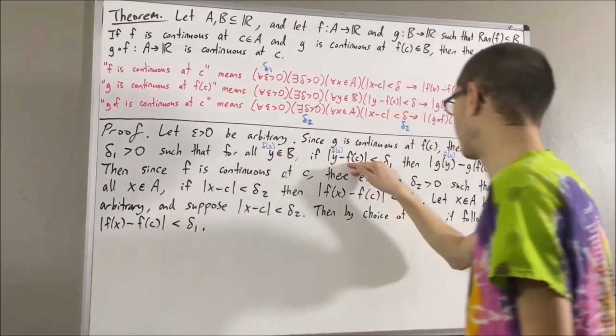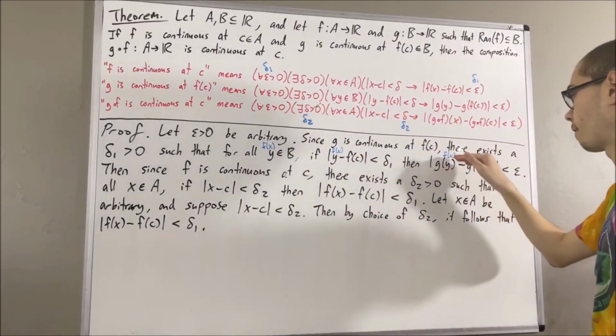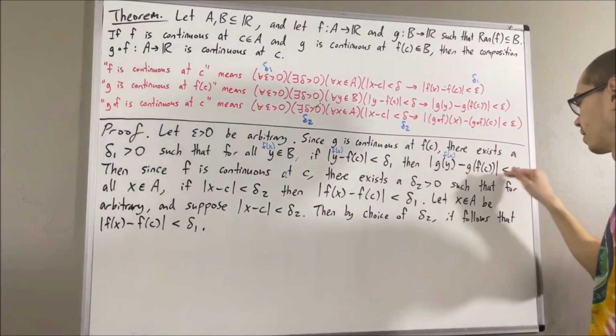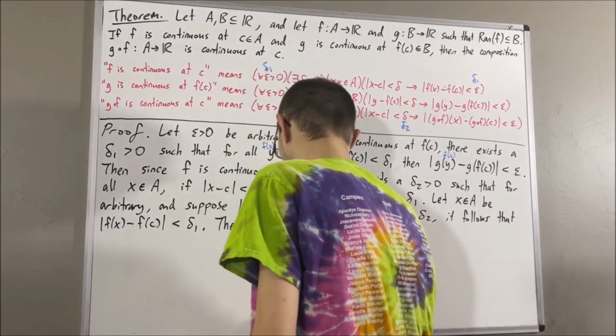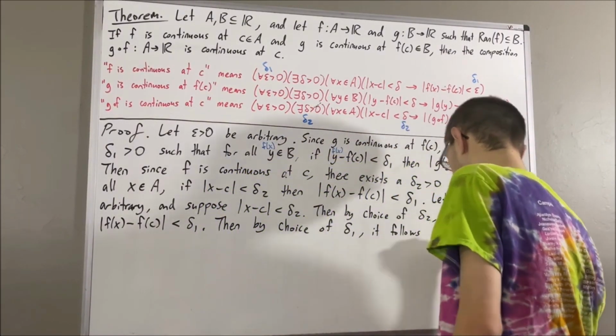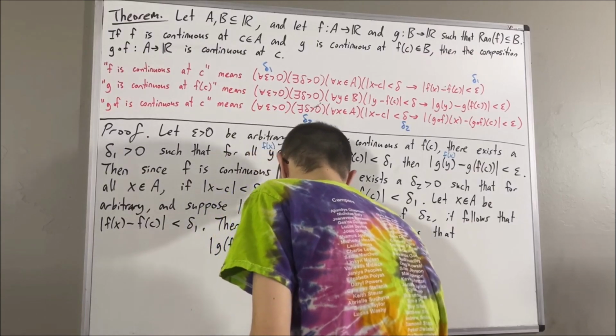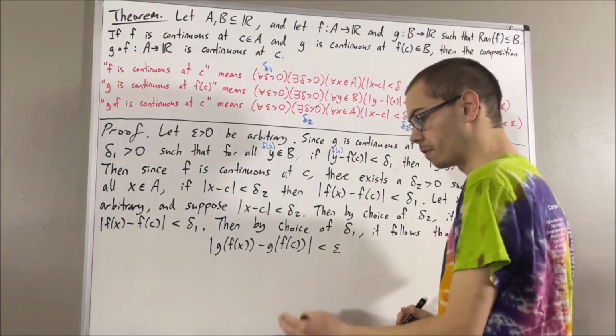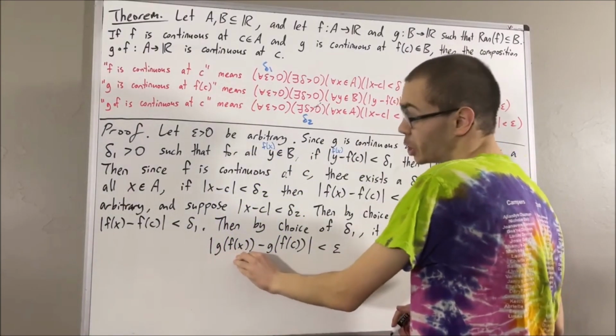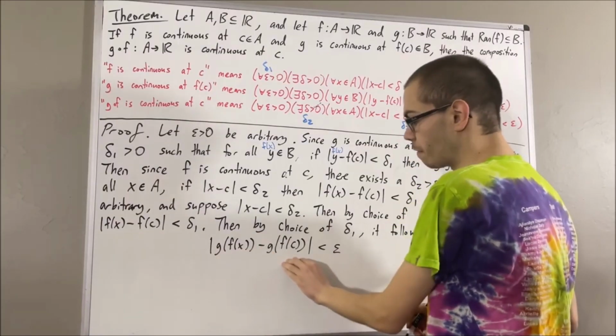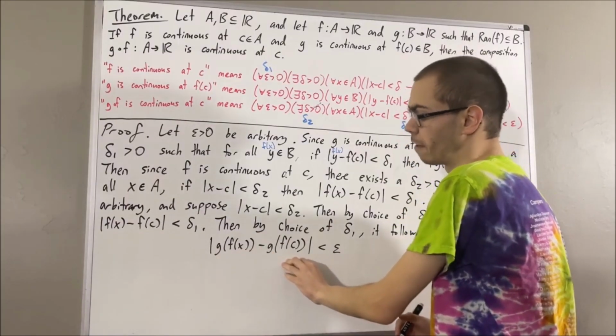So this tells us that we can conclude that the absolute value of g of f of x minus g of f of c is less than epsilon. But by definition of composition of functions, g of f of x is g compose f of x, and g of f of c is g compose f of c.